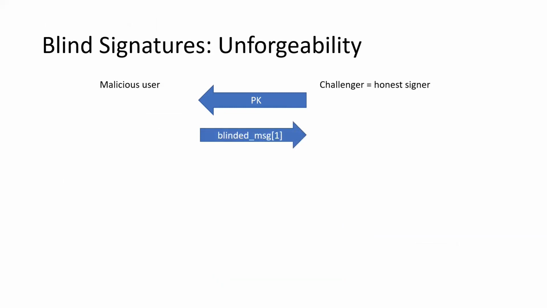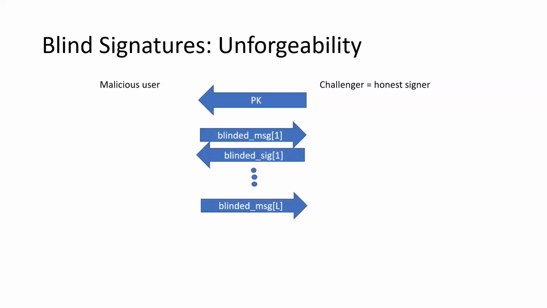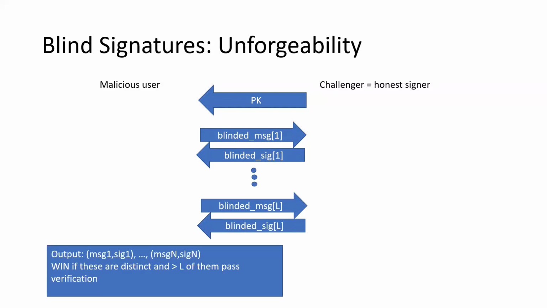Okay, and we want this to satisfy correctness, unforgeability, and blindness. Correctness is always the same: if everybody follows the protocol, everything works out. Unforgeability is one-more unforgeability. What does that mean? It means that a malicious user gets the public key of the signer and gets to interact with the signer, asking him to issue blind signatures. So send him a blinded message and get a response, send him another blinded message and get a response, and do it L times.